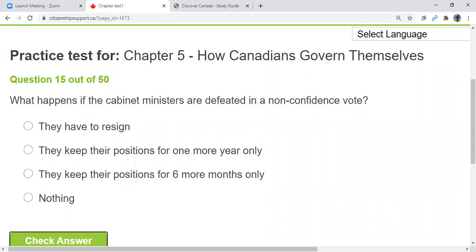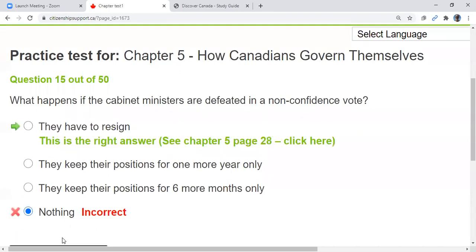Okay, number 2, I think. So if cabinet ministers are defeated, if they lose a vote, okay, cabinet ministers, they have a big idea, and then people vote, we don't like your idea. What happens? Number 4, nothing.